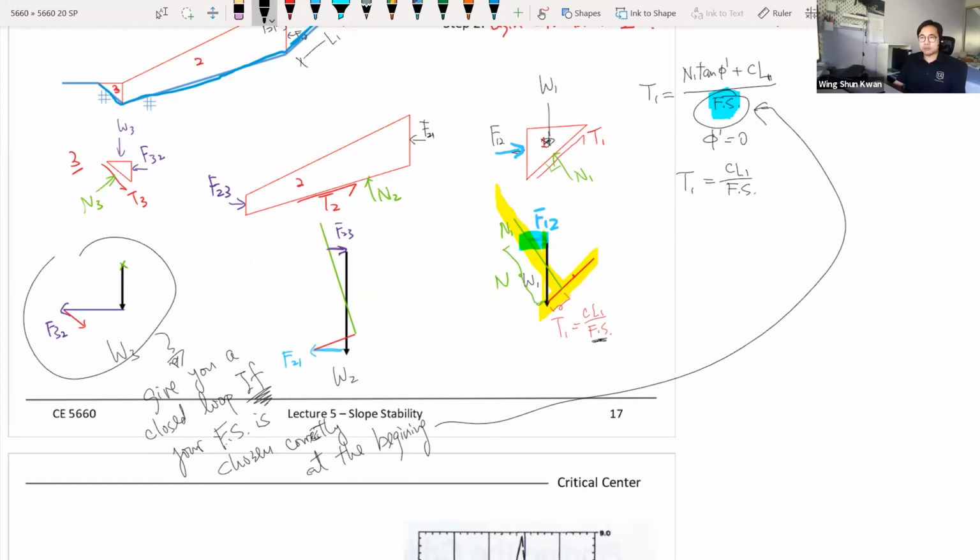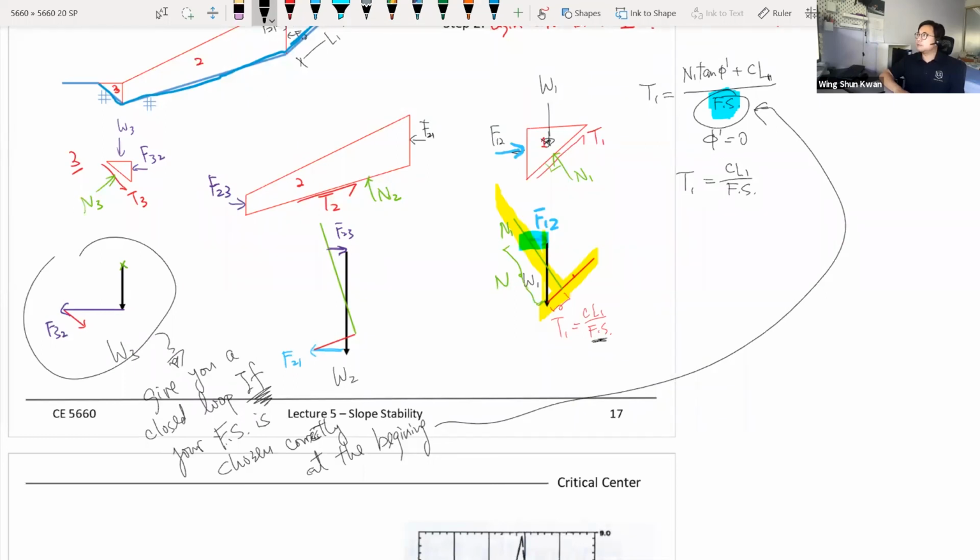And next time if it's too small, then go to the middle ground. You keep trying until your last block, you get a closed loop. You try a couple of times, then you get a sense. If you're just off by a little bit, then next time you know the final adjustments you need to make. So this pretty much is the wedge method.